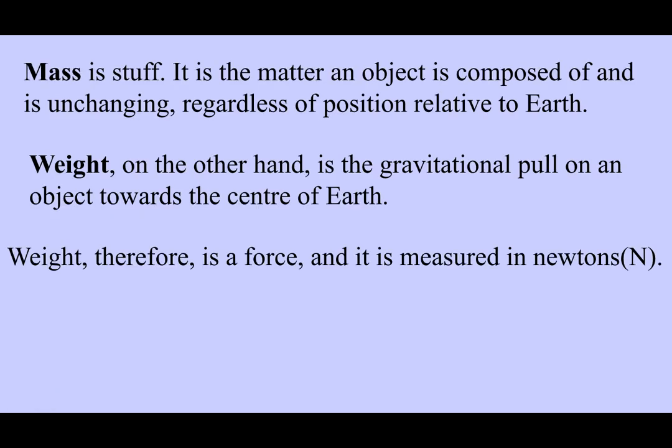Just to review, remember, mass is stuff. It's the matter that an object is composed of, and it's unchanging regardless of your position in the universe. Whereas weight is the gravitational pull on an object towards, it says the center of the Earth, and I copied these out of a textbook, but really towards another object, which may be the Earth.